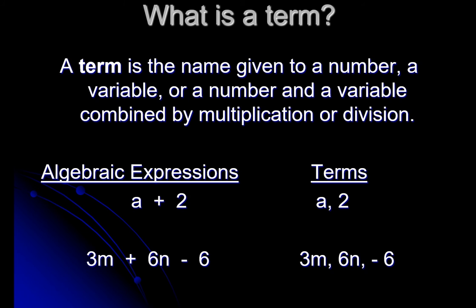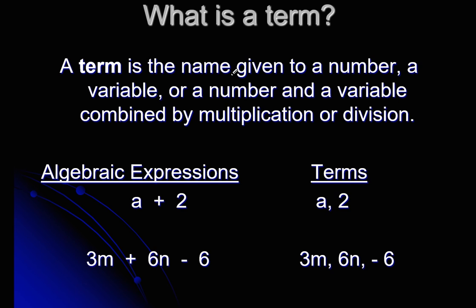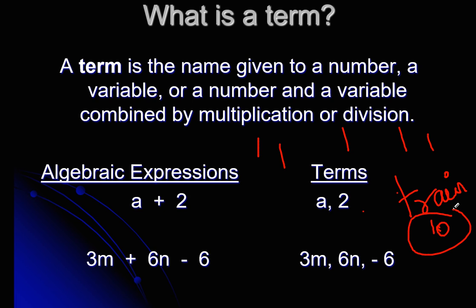Now what is a term? A term is the name given to a number, a variable, or a number and a variable combined by multiplication or division. Terms mean individual parts. Consider a train which has 10 compartments, a complete train made up of 10 compartments.